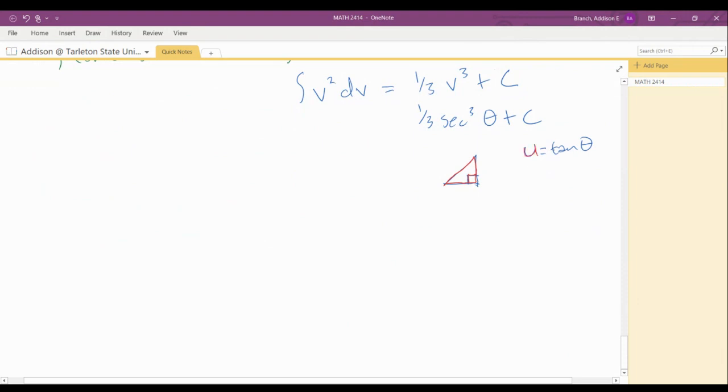Yeah, so u is equal to tangent of theta. And we know that tangent of theta, once again, is opposite over adjacent, and we can treat this as u over 1. We have our theta right here, so therefore we get a u, a 1, and a square root of u squared plus 1.